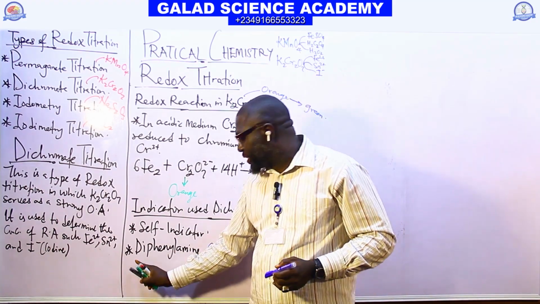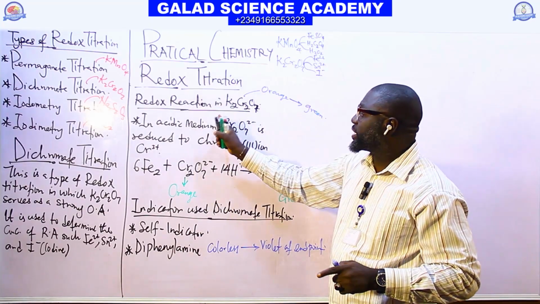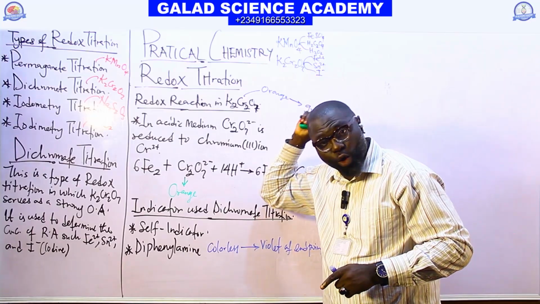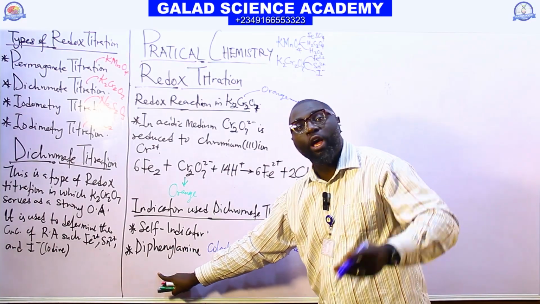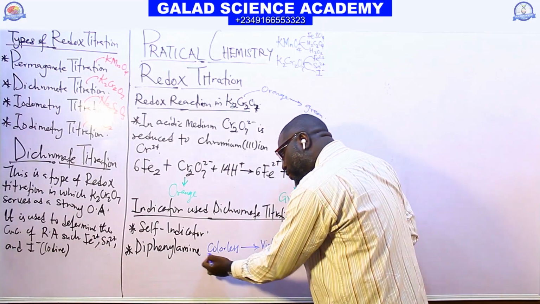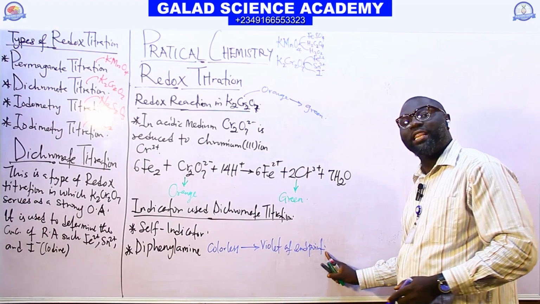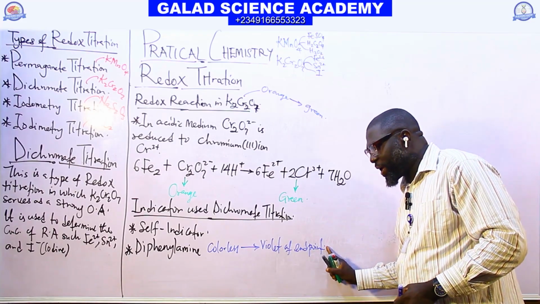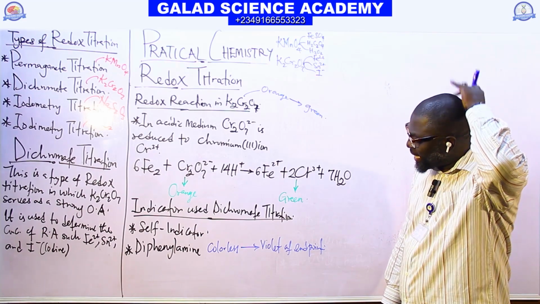So when we use diphenylamine as indicator in the redox titration that involves K2Cr2O7, from the beginning of the titration in the conical flask, we have colorless. As time goes on, it will now change to the violet color at the end point, so that you stop your titration.